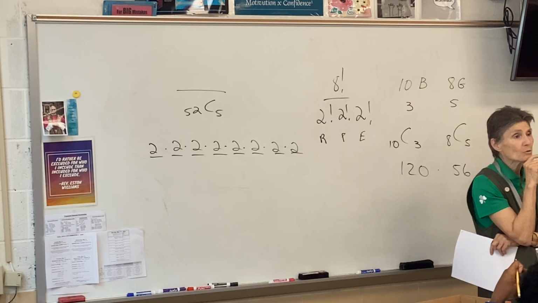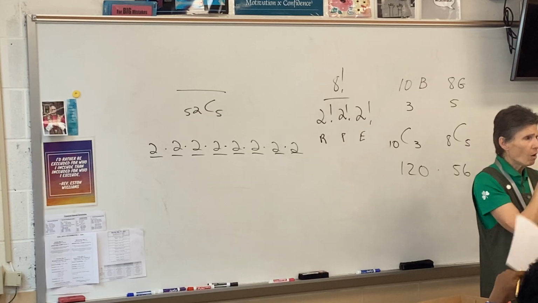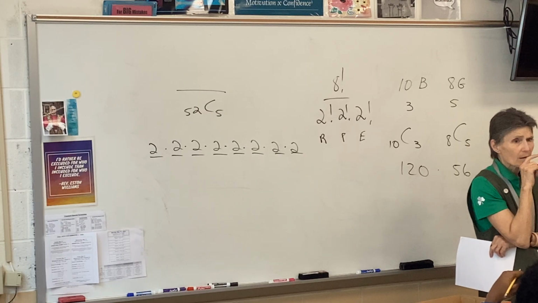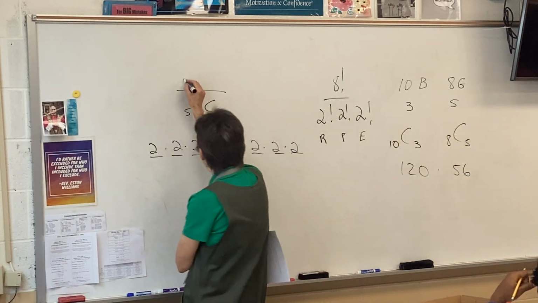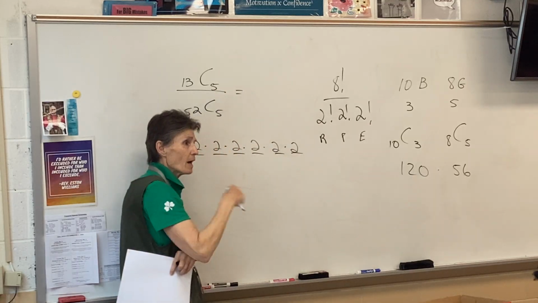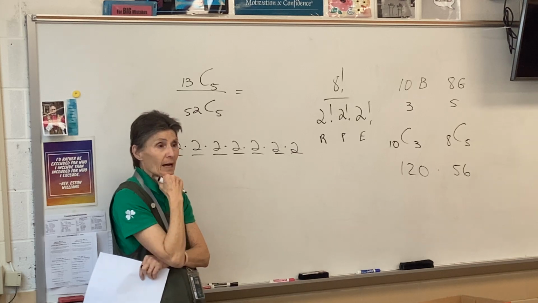Okay? What do we want? We want all diamonds. 13C5. And why is it 13C5? Because there's 13 diamonds. There's 13 of them, and I'm gonna pick out 5.